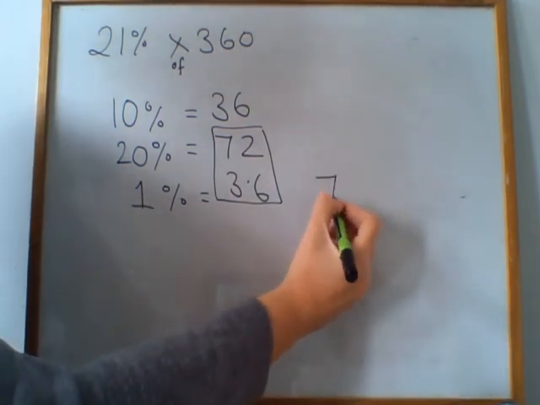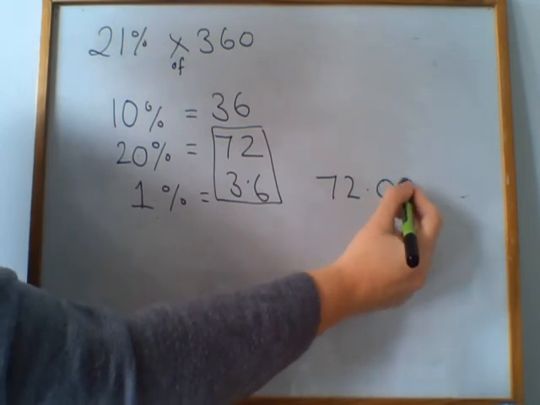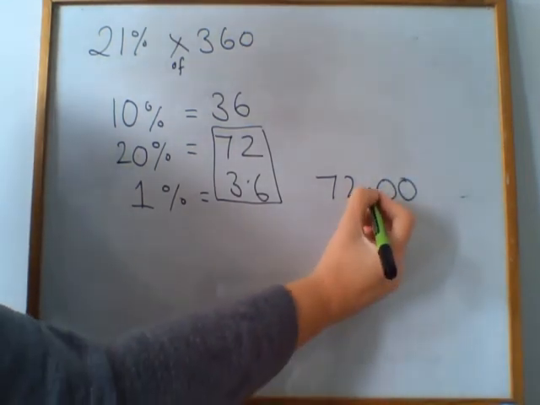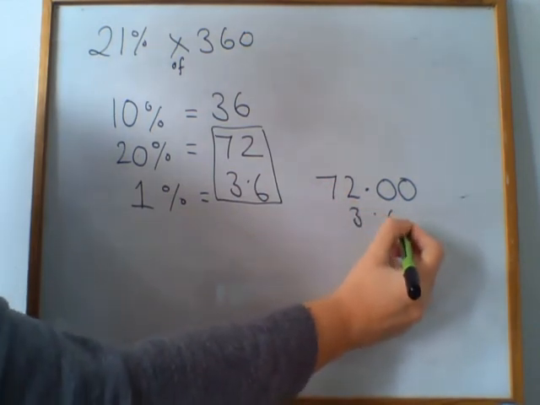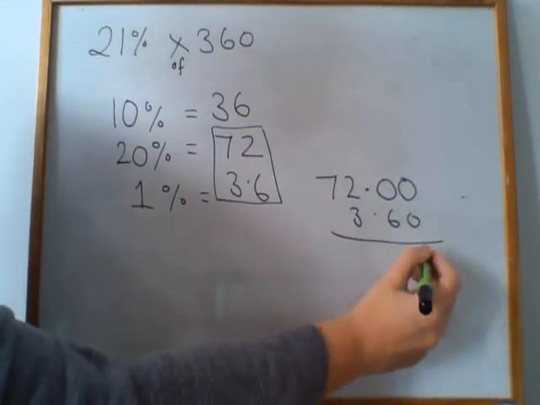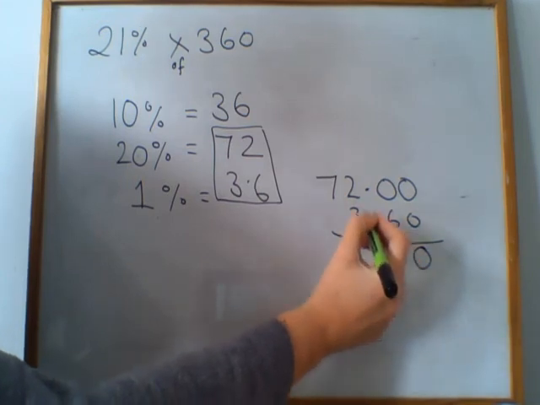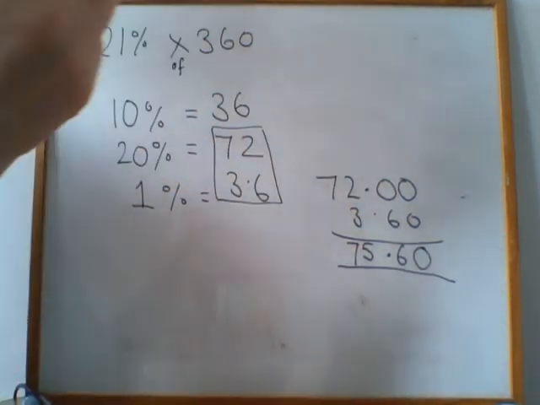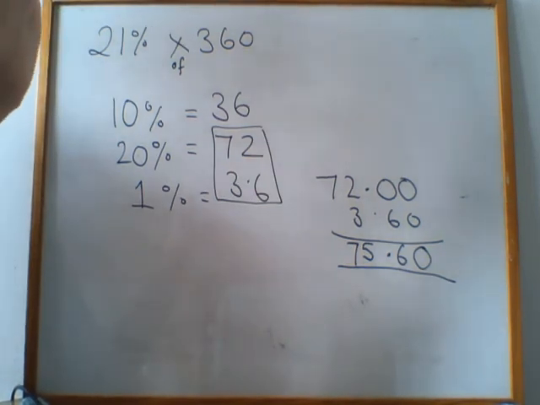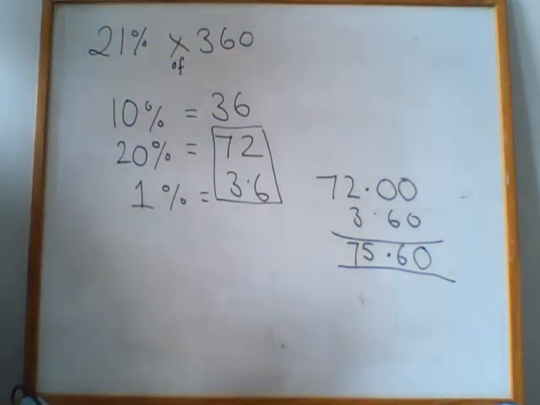If not, good chance to practice lining things up. 72, I'm going to put those extra bits there to help me because I've got a decimal, so 3.60 to add on. 0, 6, decimal point, 5 and 7. So my answer would be 75.6 or 75.60 for number 12.